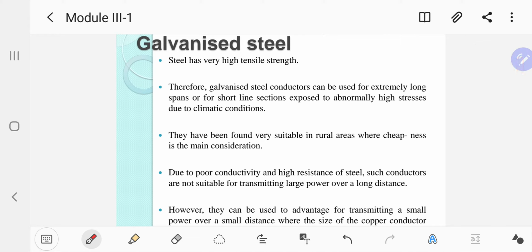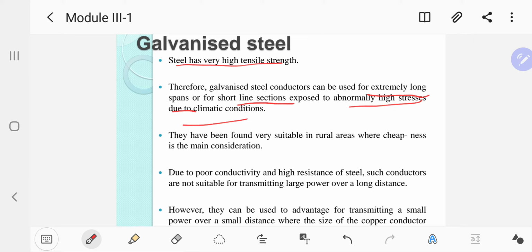Next one is the galvanized steel. Steel has a very high tensile strength, which is ideal. It is used for extremely long spans, or also for short line sections which are exposed to high stress from climatic conditions.